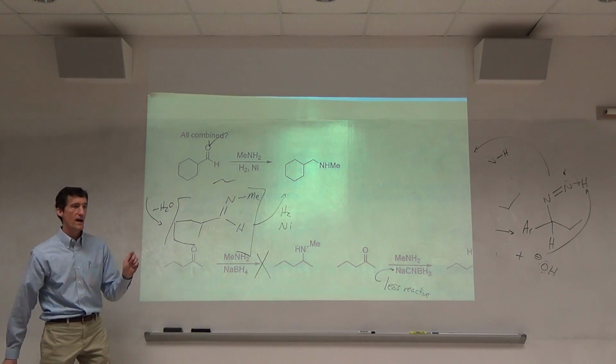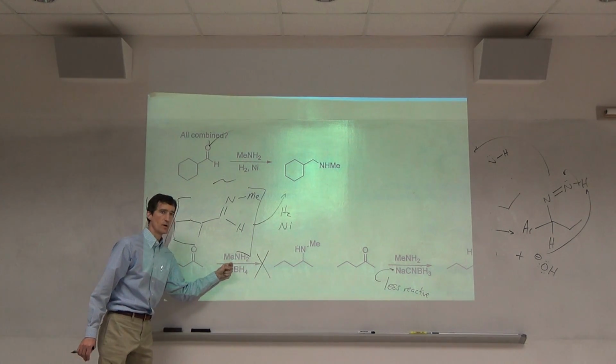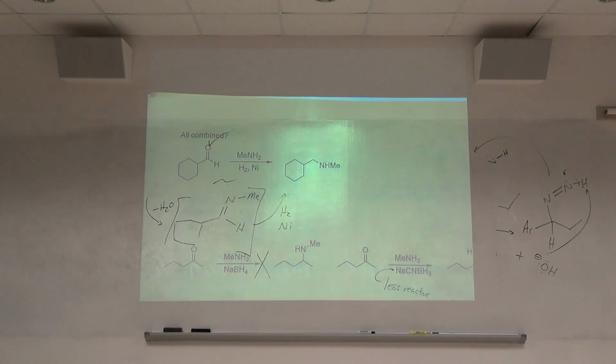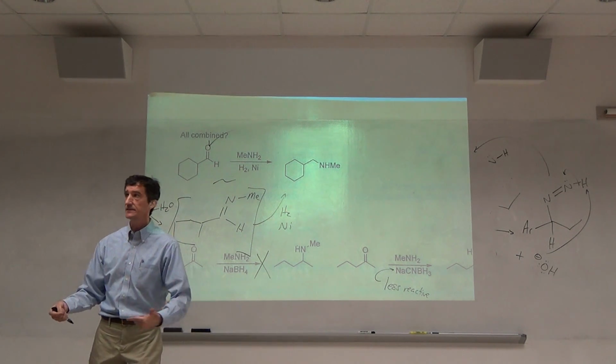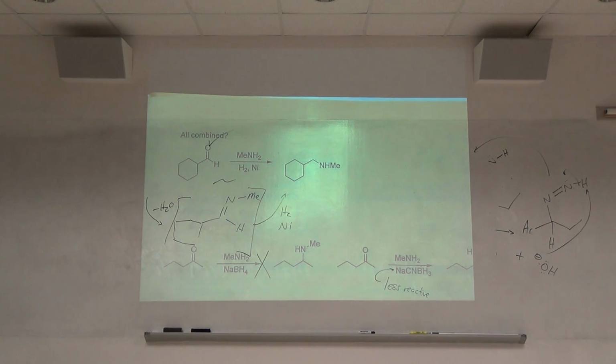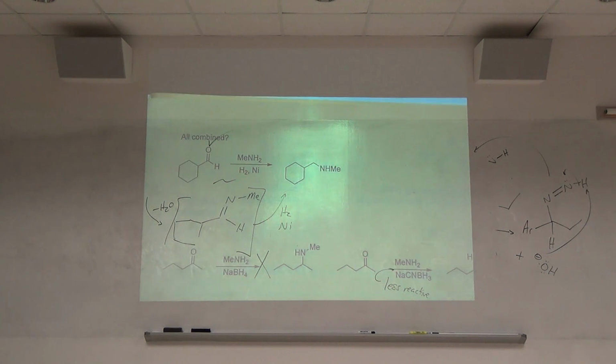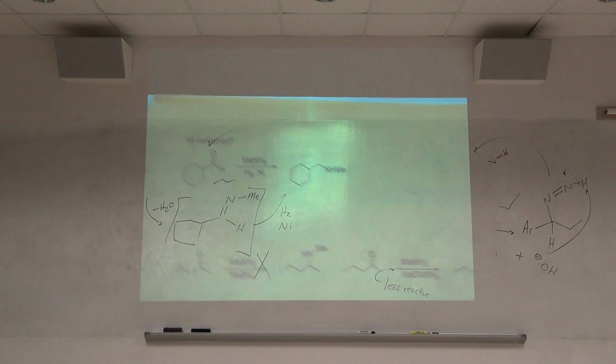We'll talk about why. Why is that needed? Why does this not work? And then predict the products below. Please do those. The ones below are all reductive amination sequences. The sodium cyanoborohydride is just an alternative to hydrogen in reducing the imine. Show the products below, please.